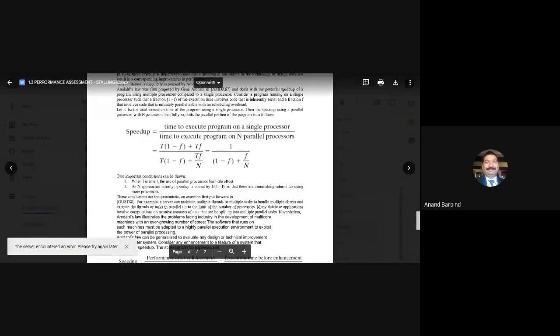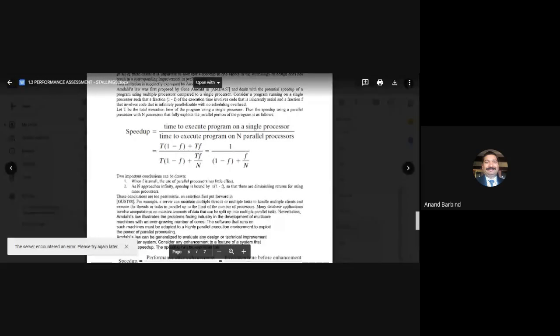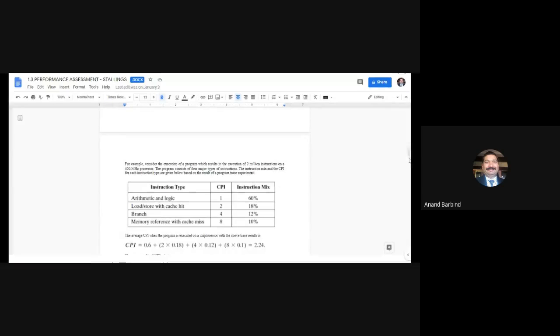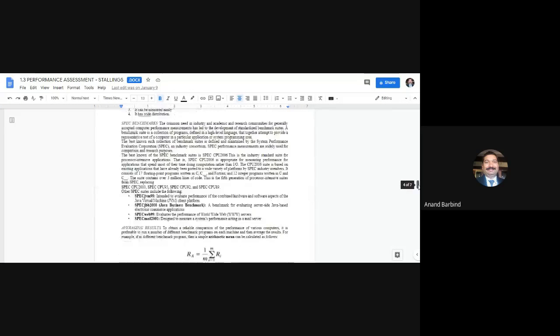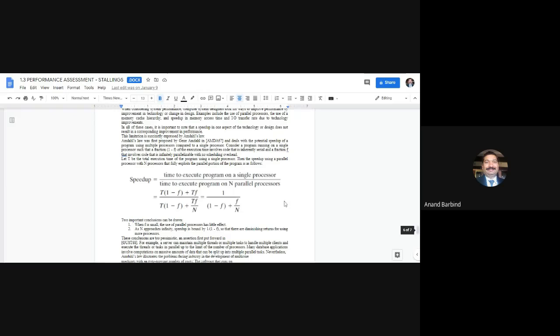Okay, already I have given you the notes, and in that this particular formula is available. So the formula is for the speed up. I hope this is visible to you. I think if I copy it on the slide.